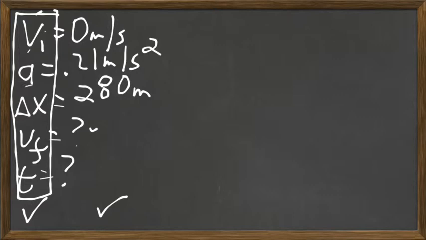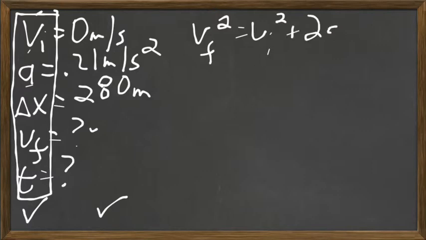That allows me to go to a formula that's filled with letters and find the one that's going to match up with what I have. So I look, and I have a formula that looks like this: Vf squared is Vi squared plus 2a delta x. I'm looking for that. That is on my information list, and so is that, and so is that. So this formula is going to work.